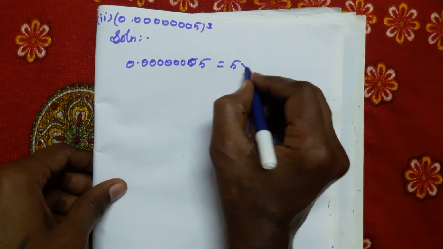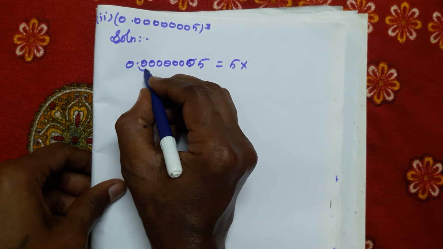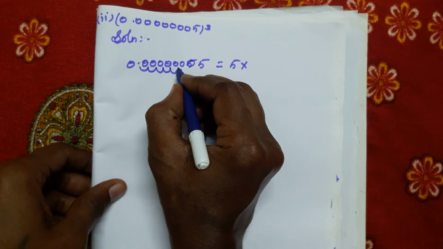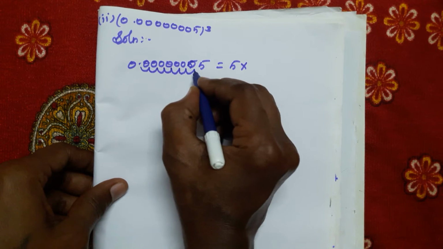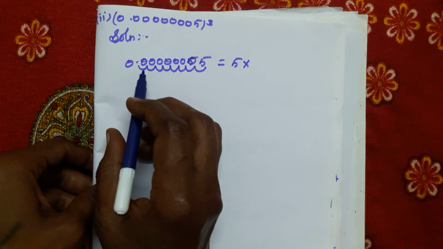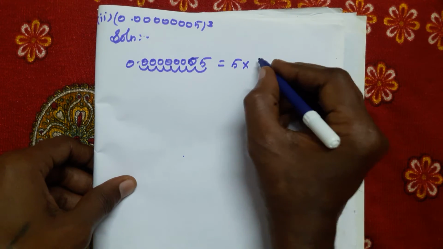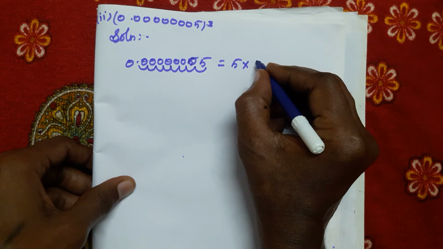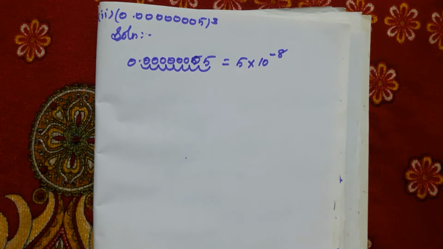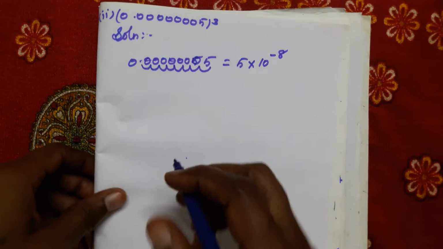How many digits do we move the decimal point? 1 2 3 4 5 6 7 8. 8 digits to the right, which means we write 10 power minus 8.